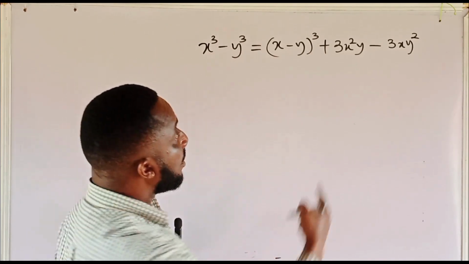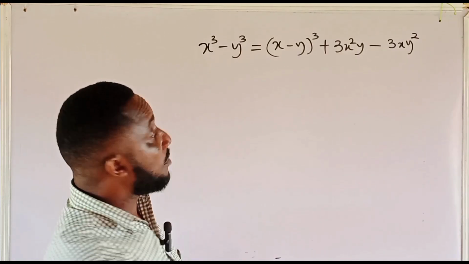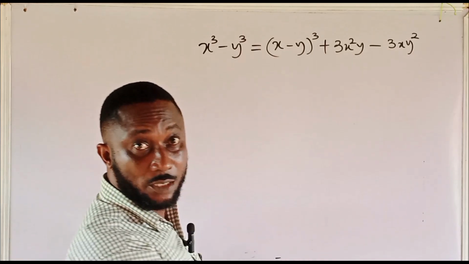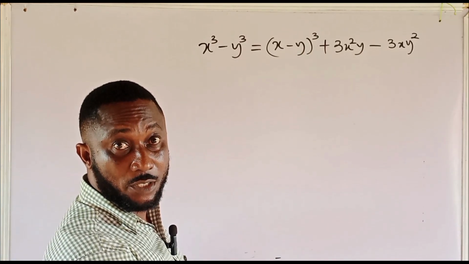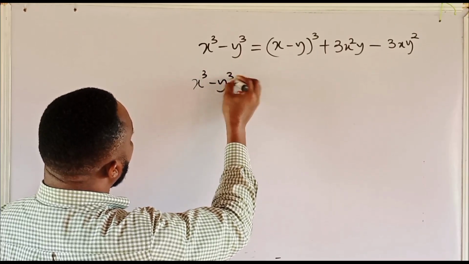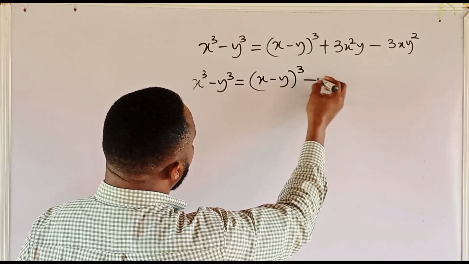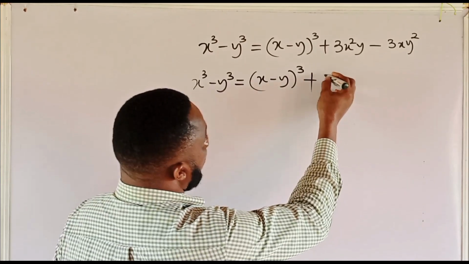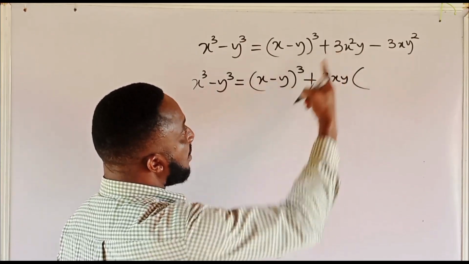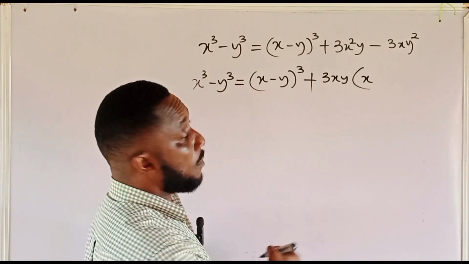But before we do that, we can factorize something out from these two terms, 3s squared y and 3sy squared. So the common factor there is 3sy. So we shall have s cubed minus y cubed equal to s minus y whole cubed plus, like I said, we factor out 3sy. 3sy divides into 3s squared y, we are going to be having s.